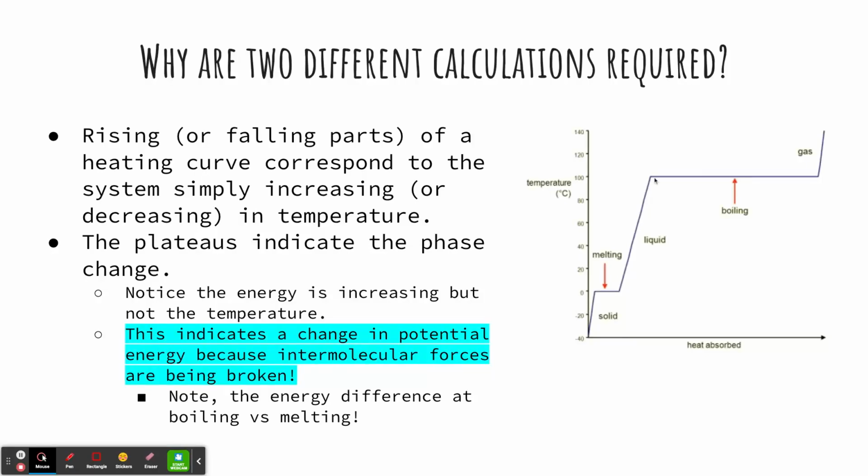But once we get from the liquid state to the gaseous state, I have to push these molecules or atoms so far apart that I have to essentially break their intermolecular forces completely. So that's why I need so much more energy to do so. That's why the energy difference here is pretty radical. It's a pretty high difference in energy from going at the boiling point versus the melting point. So keep that in mind.